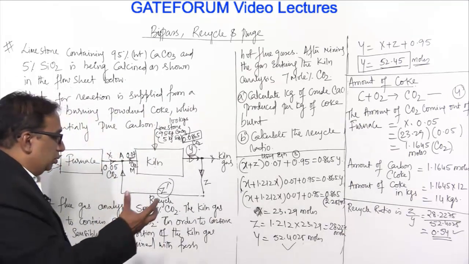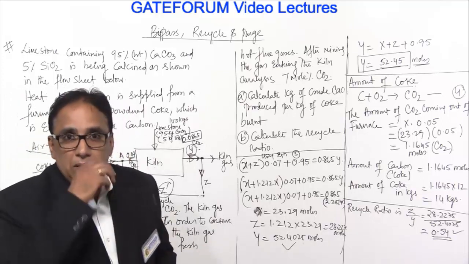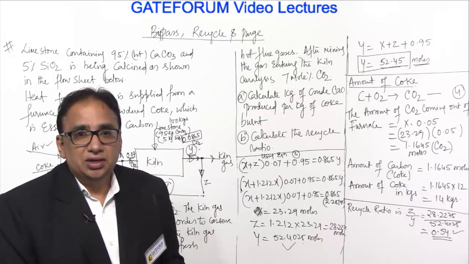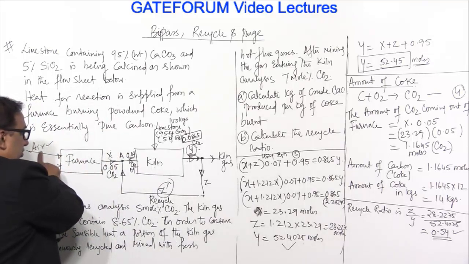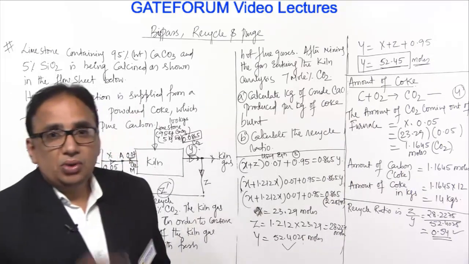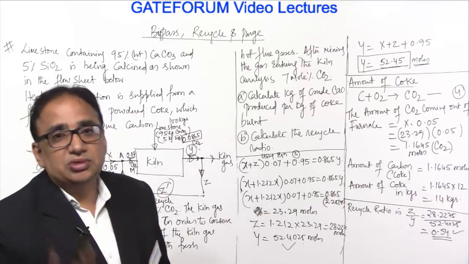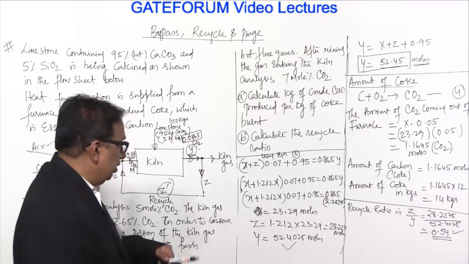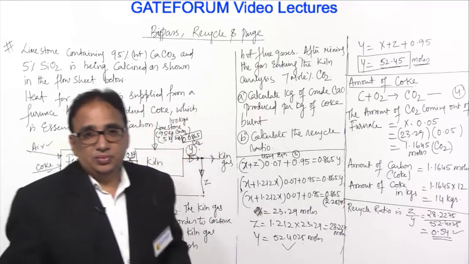But to get that particular stream amount, we have to take advantage of the inert. Nitrogen is an inert here, so if you balance the nitrogen, as we have done, I got one stream. Once I got one stream, automatically the other streams' amounts I will get. So that is the key.